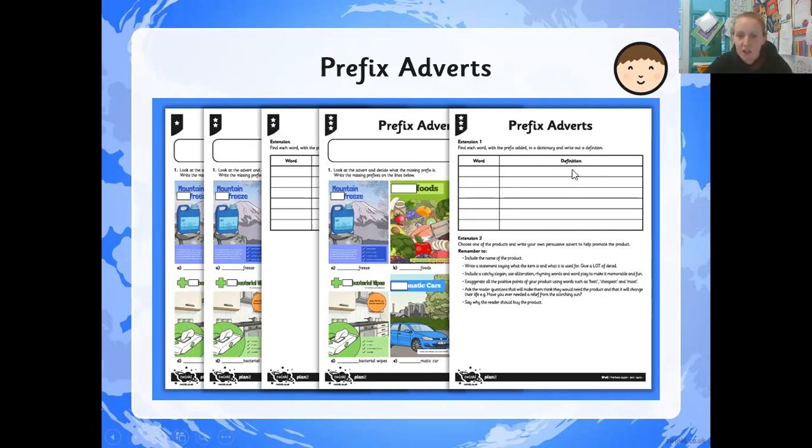Okay, so it says include the name of the product, what the item is and what it's used for. You could have a catchy slogan to do with it. Okay, you could do a drawing of it, like a poster, I would say, like a poster with a little blurb type piece of information to try and persuade people to buy it. So that's your tasks for today.